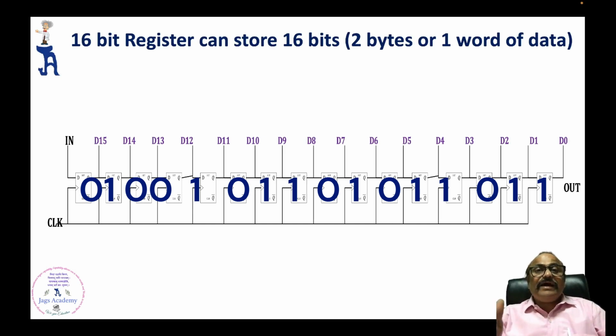The data which is going to be processed in the arithmetic and logic unit is first stored in these registers, and from these registers data will go to the arithmetic and logic unit, and then the result will be stored back to the registers. So having this type of registers is the basic requirement of your microprocessor.